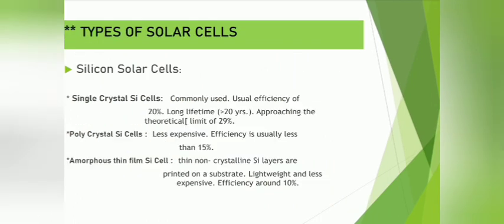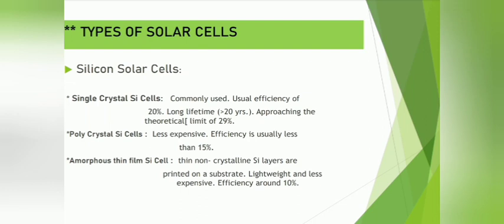Now, types of solar cells. First, silicon solar cells. Single crystal silicon cells are commonly used. Their usual efficiency is 20% with a long lifetime, greater than 20 years, approaching the theoretical limit of 29%.